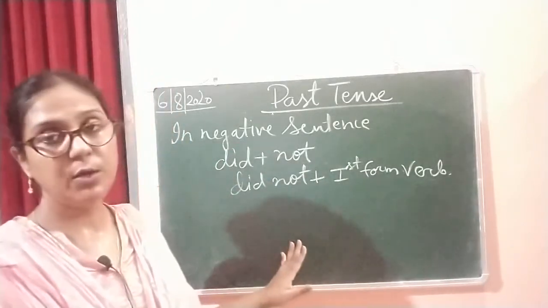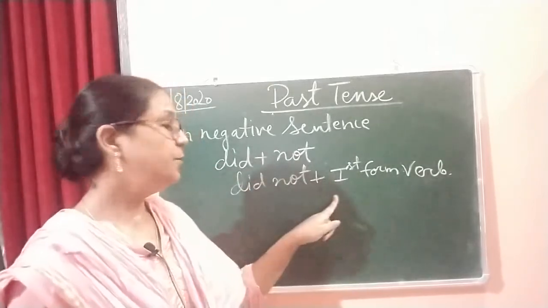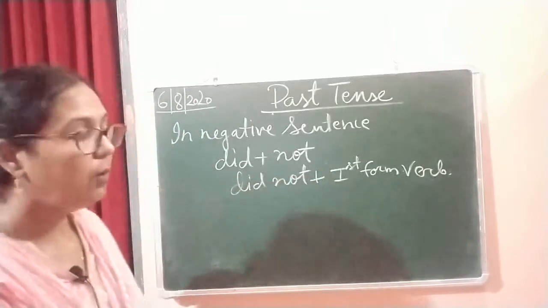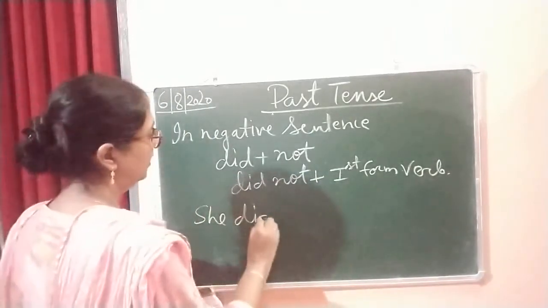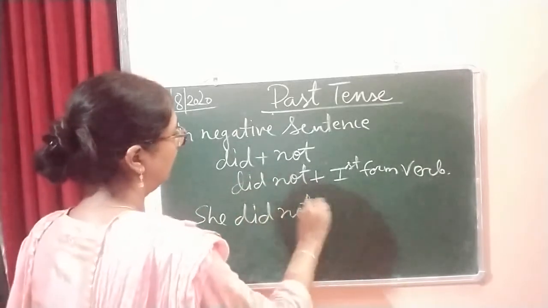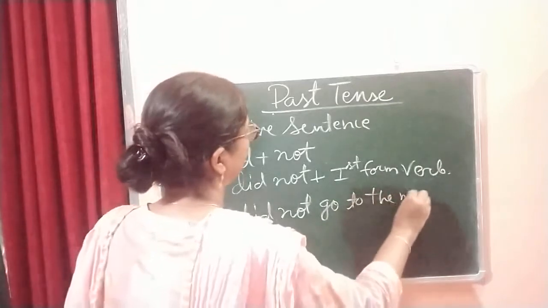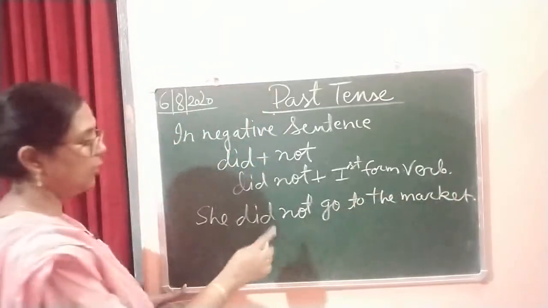We are not going to write the second form of the verb. We always use the base form or first form of the verb. Now, if it is written, she did not go to the market. For example, she did not.